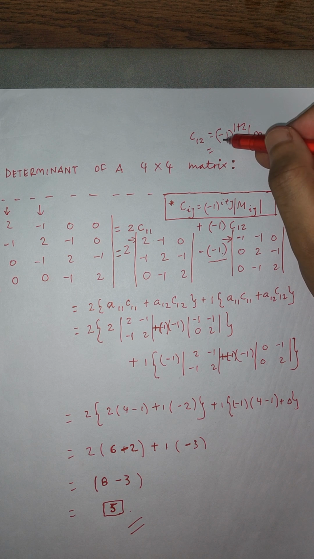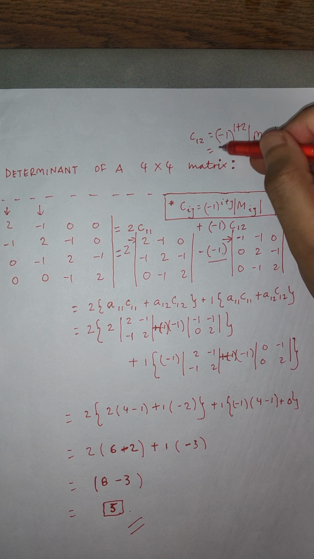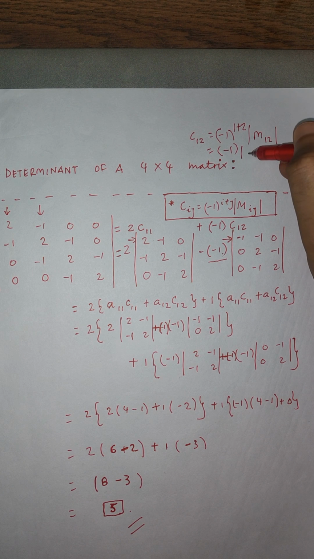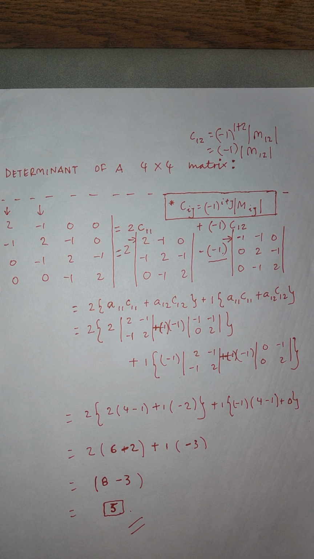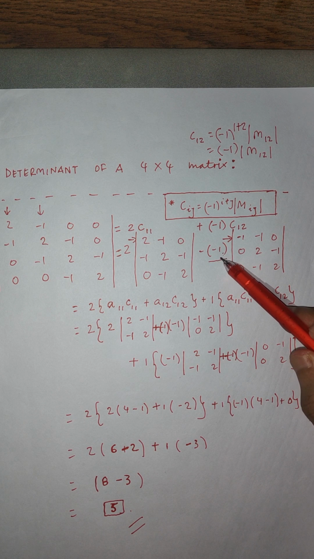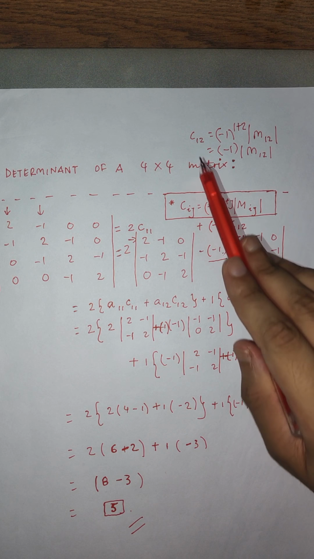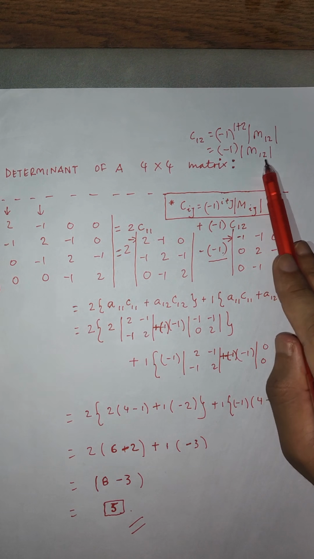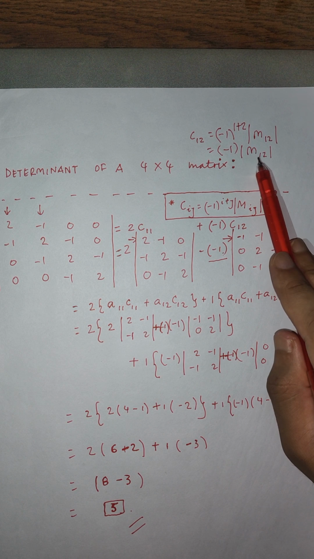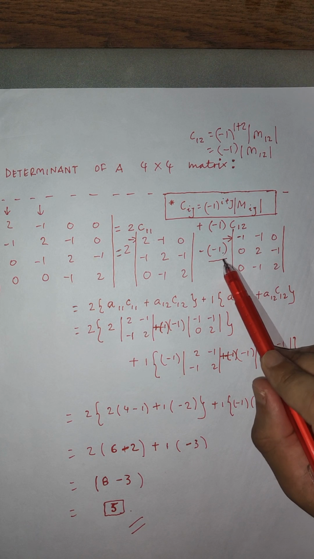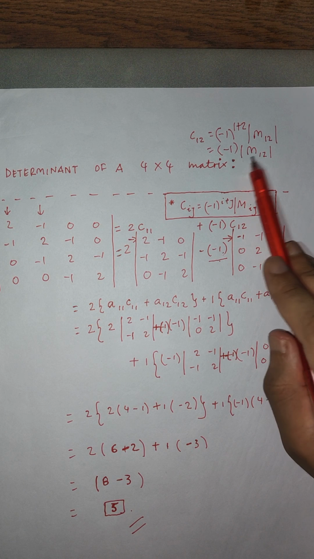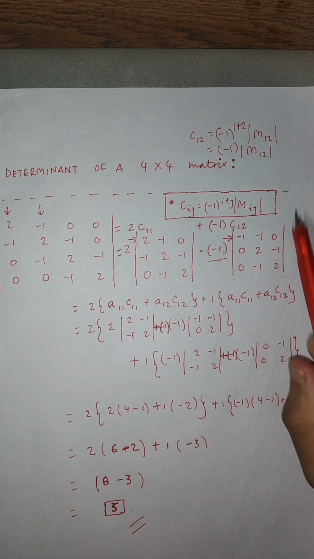So -1 to the 3 equals -1 times the determinant of the submatrix 1, 2. This -1 is exactly what I have right here. So C12 is equal to -1 times the determinant of the submatrix.